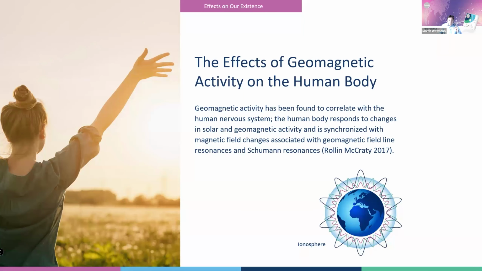So the effects of geomagnetic activity on the human body are also quite interesting, because they seem to correlate with our nervous system. The human body responds to changes in solar geomagnetic activity and is synchronized with magnetic field changes associated with geomagnetic field lines. So field line resonances and Schumann resonances.